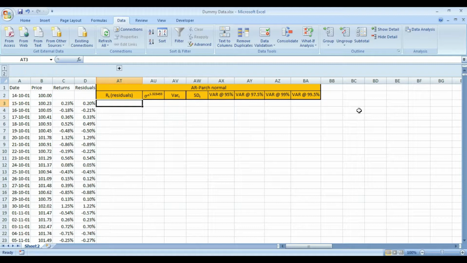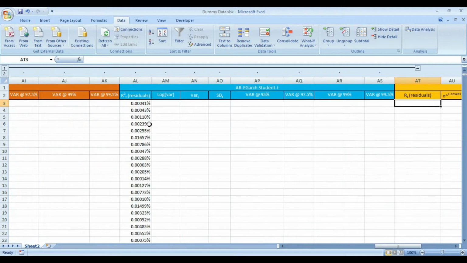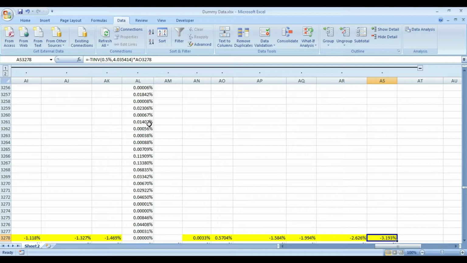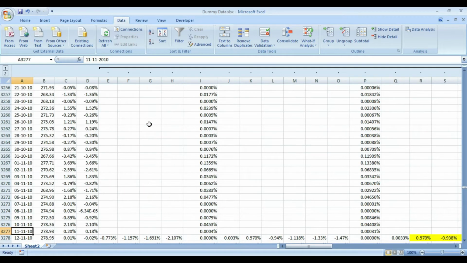So let's check where our 70% of the data ends. The 70% data ends over here, which is 11th of November 2010, right?